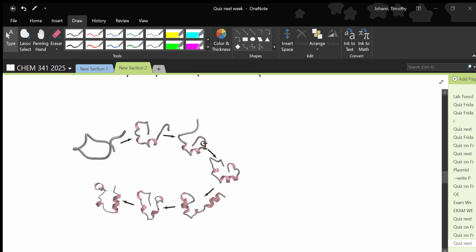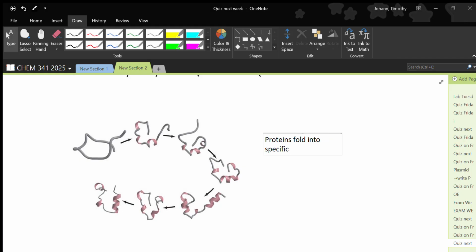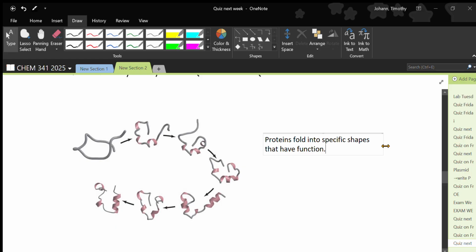So proteins have these shapes. We've talked about these shapes. Proteins fold into specific shapes that have function. I've told you before that I like to view proteins as Pac-Man shaped molecules, or at least a lot of them, like enzymes, where you've got a giant structure that holds a small number of functional groups in the right place in the active site.